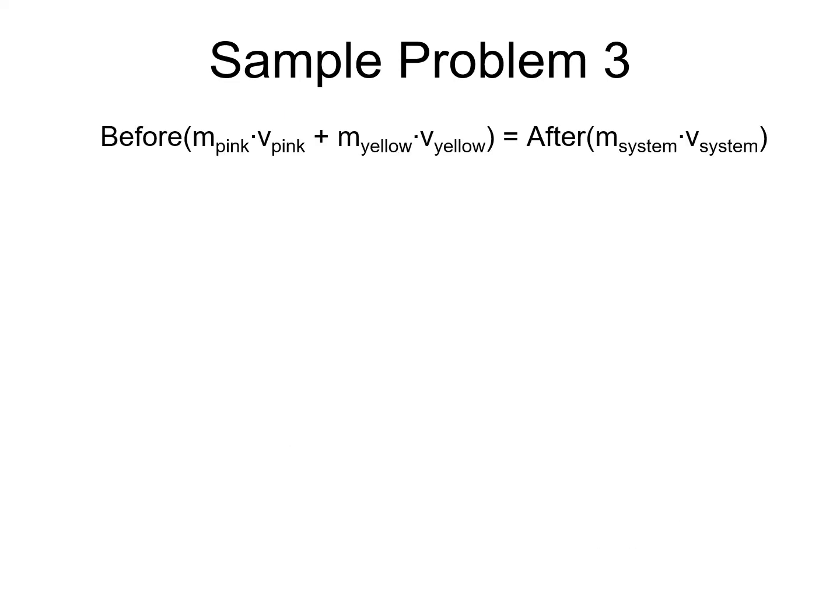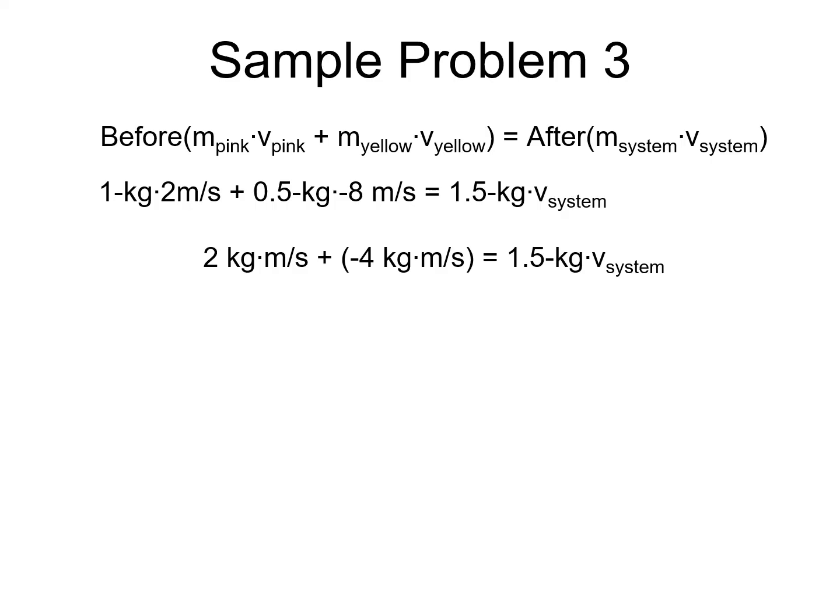If we set it up just like we did before and plug in our numbers, this time the 0.5 kilograms does not cancel to 0 because it's 0.5 times minus 8 meters per second. So we got 2 kilogram meter per second plus a negative 4 kilogram meter per second equals 1.5 kilograms times the speed or velocity of the system. 2 plus a negative 4 adds up to a negative 2.